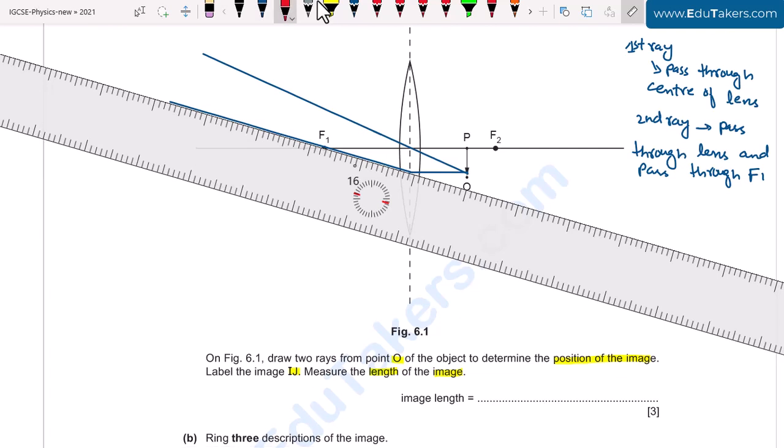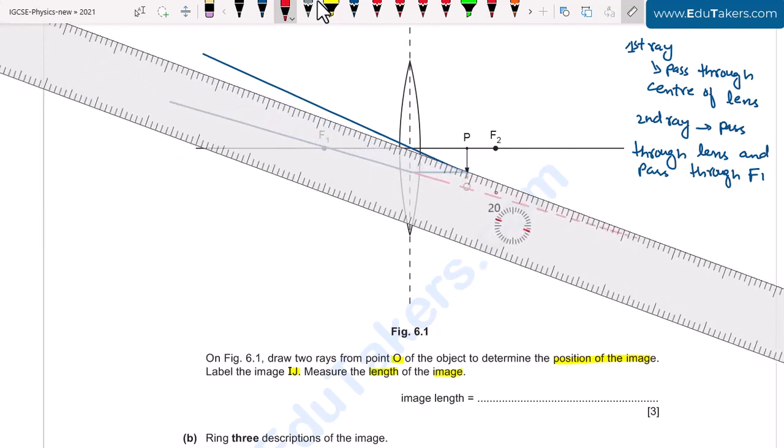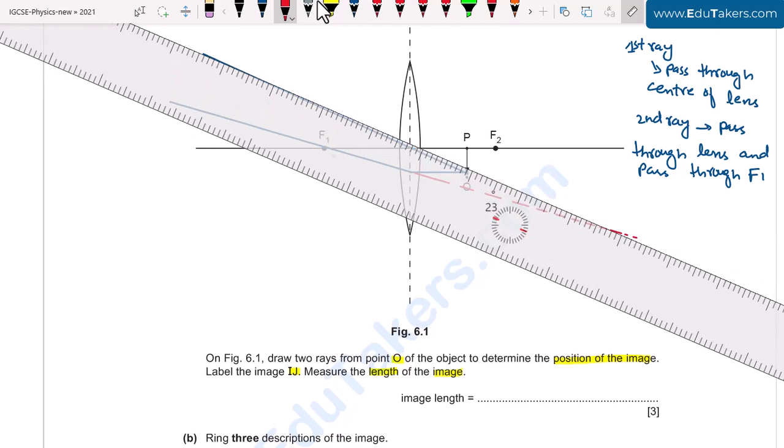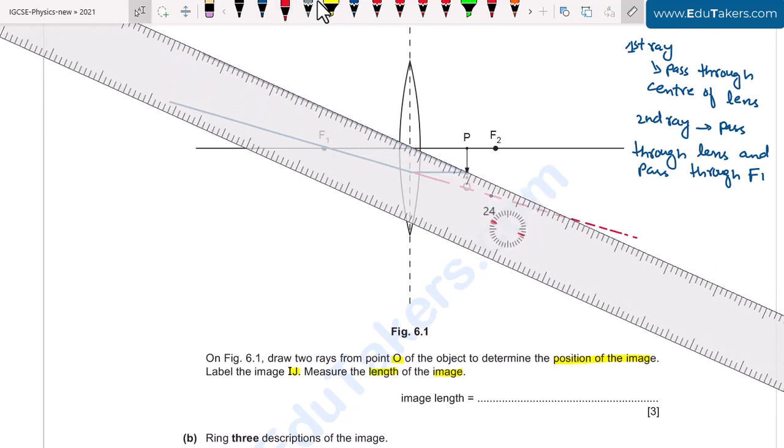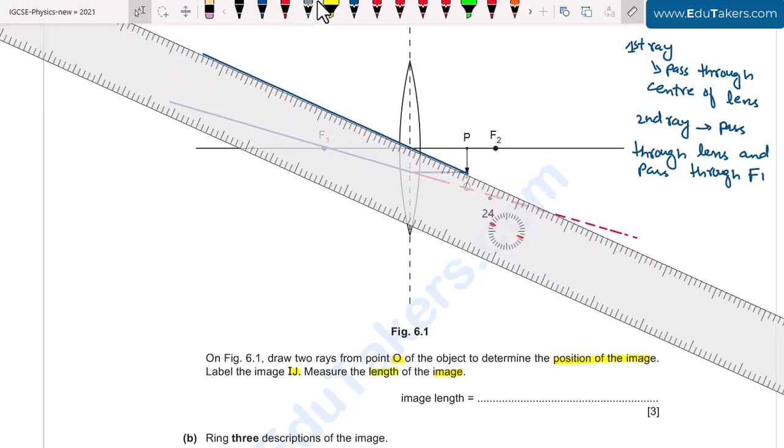So I extend these in the backward direction. I also extend the second ray.